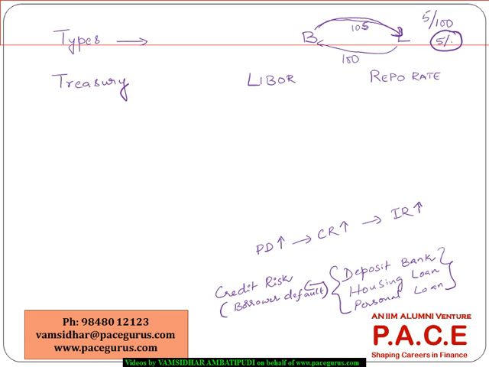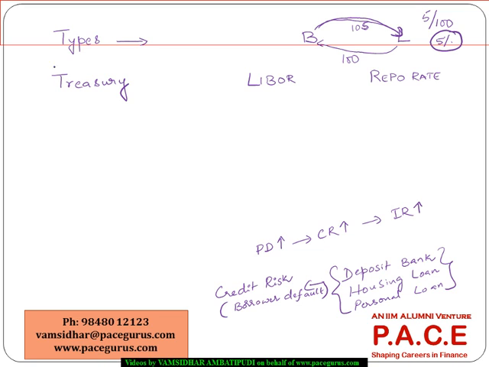So the higher the credit risk, the higher would be the interest rate promised by the borrower to the lender. And that is how the interest rate numbers differ from transaction to transaction. A pure analysis of credit risk, the possibilities of defaults will give rise to what kind of interest rate should be applicable.